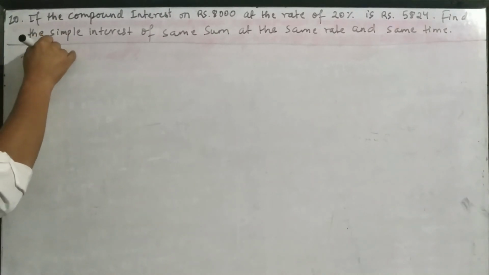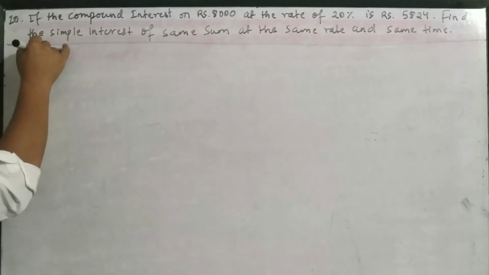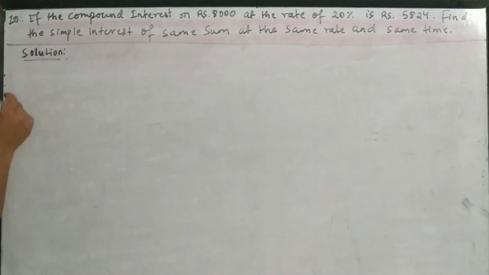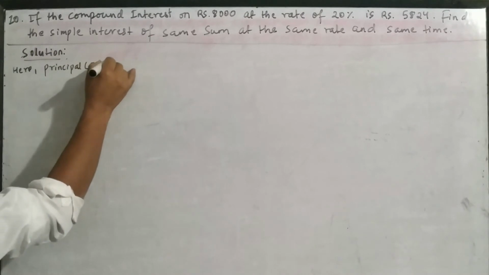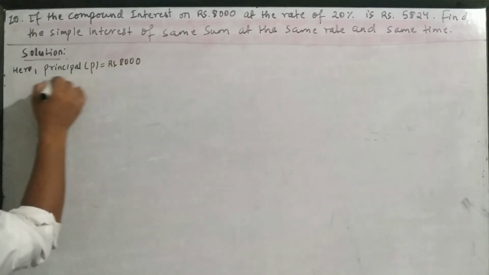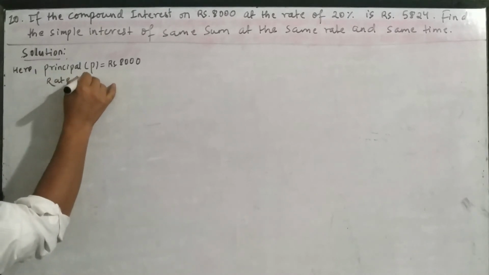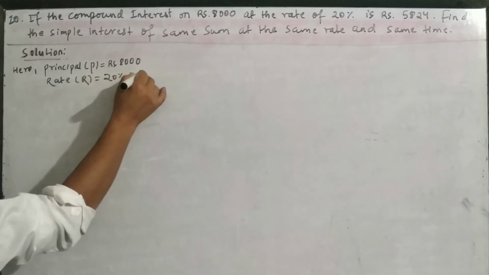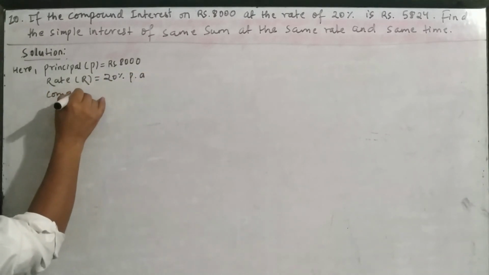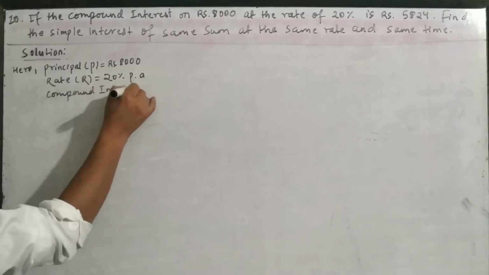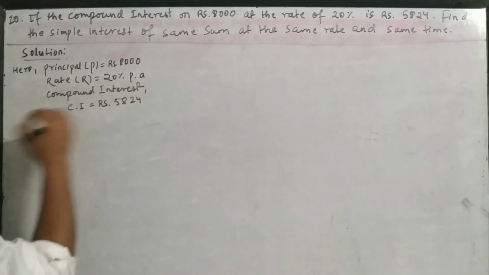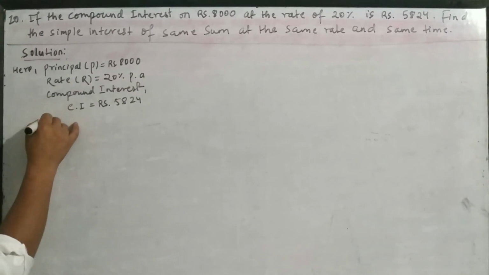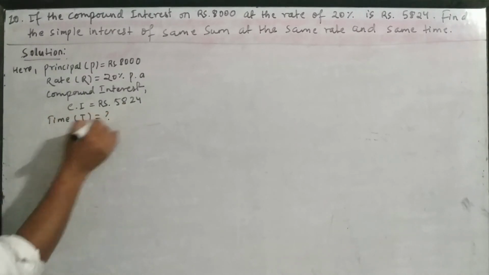Solution. Here, principal P equals rupees 8,000, rate R equals 20% per annum, compound interest CI equals rupees 5,824, time is equal to what?